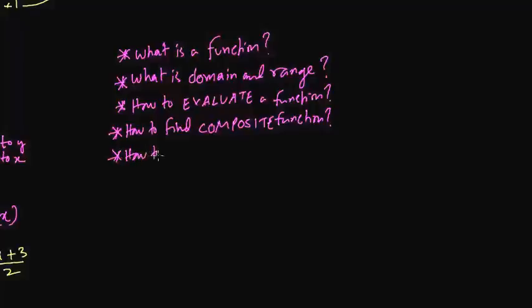Then how to find inverse function. So that's how it works. Whenever we are talking about functions, we need to know how to evaluate a function, how to find the composite function, and how to find the inverse function.